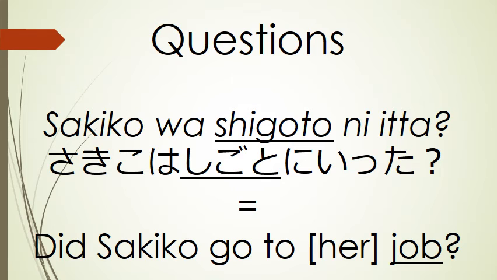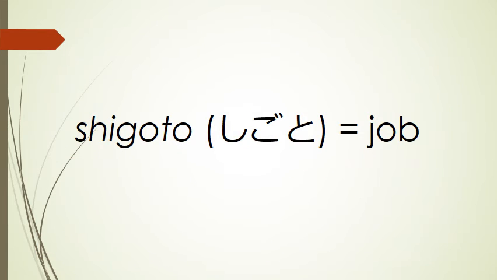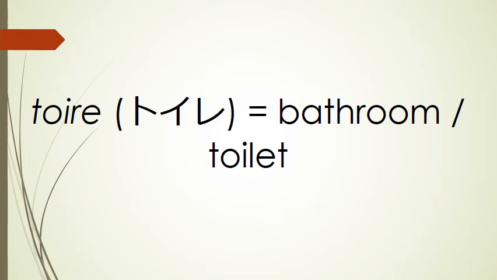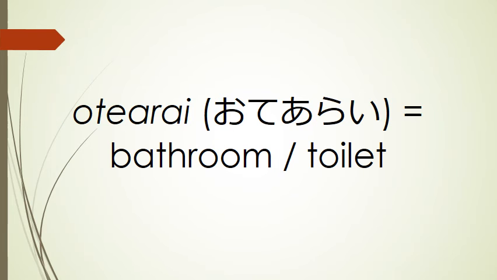Instead, I had that rising intonation at the end of the sentence. And that word, shigoto, means job. And to give one more example, we could say, toire wa doko, to mean, where is the bathroom? That new word, toire, means bathroom or toilet. We can also use the word otearai.